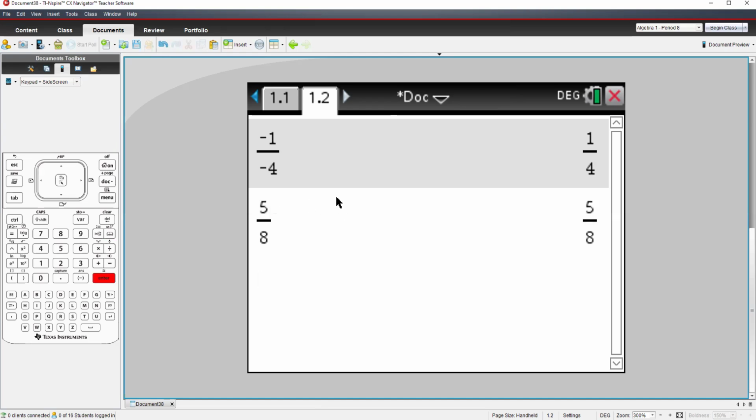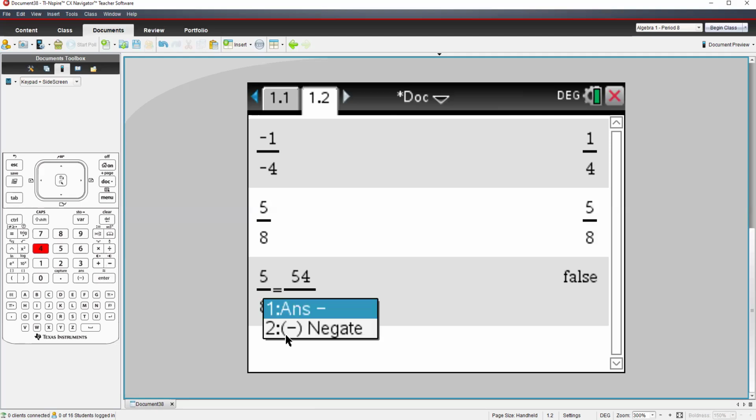And then I can go to the next one, and I can do -54 divided by -18. Oops, that's not what I wanted to do. I wanted to do -54 divided by -18. Let's see. Gosh, what am I doing?